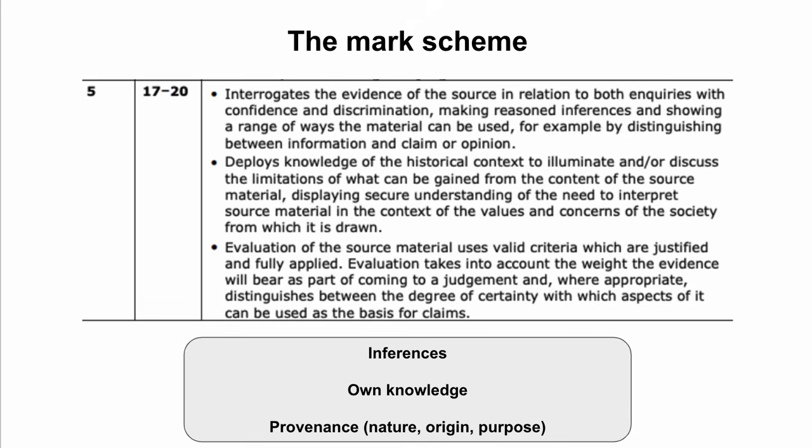And then the third bullet point talks about the use of valid criteria and reaching a judgment. And really, this is about the provenance that you're going to be discussing in this answer. So nature, origin, purpose. There are other points as well that I'll come to, but just breaking down the background of the source. So that's the level 5 mark scheme. Really, it's about inferences, own knowledge, and discussion of provenance.